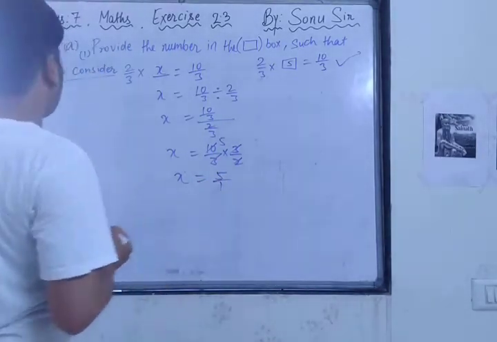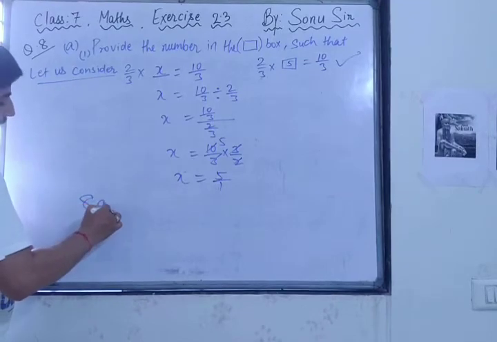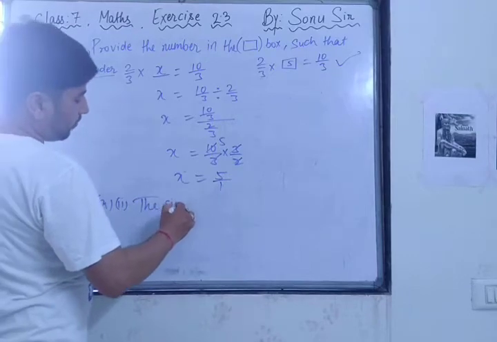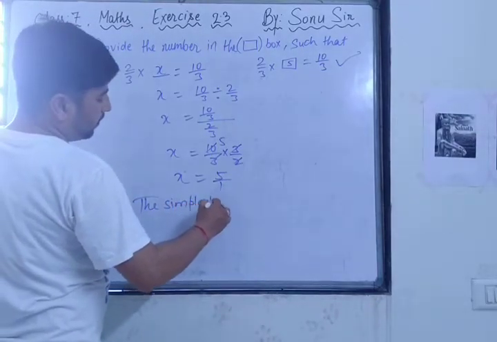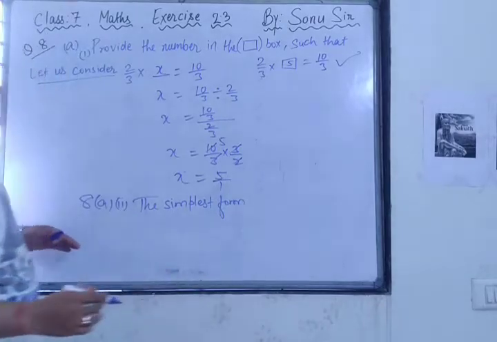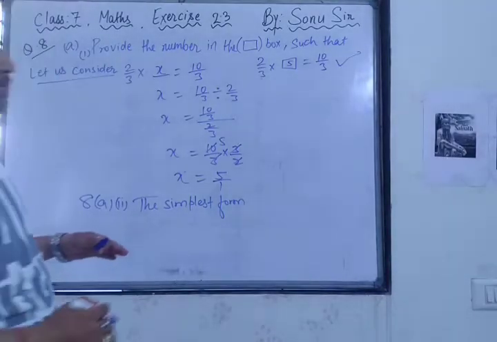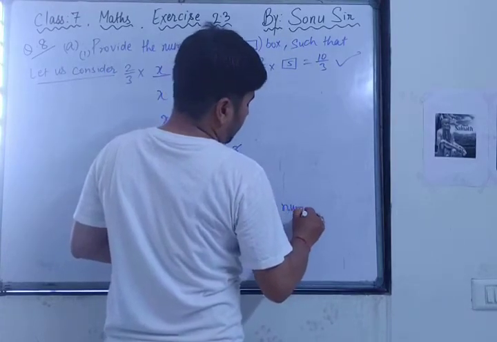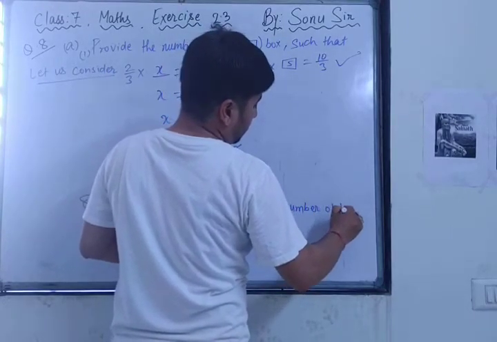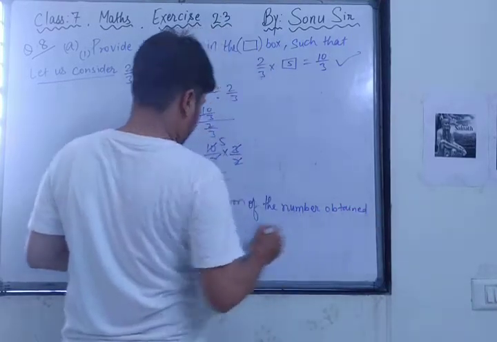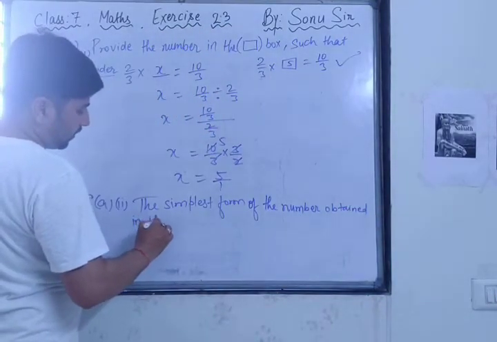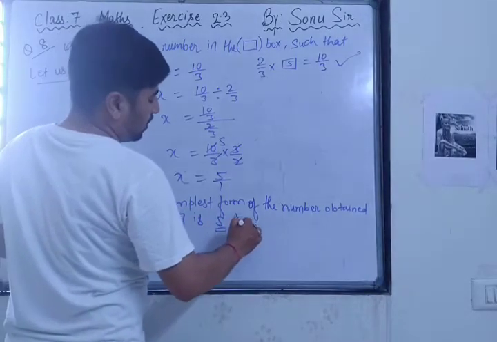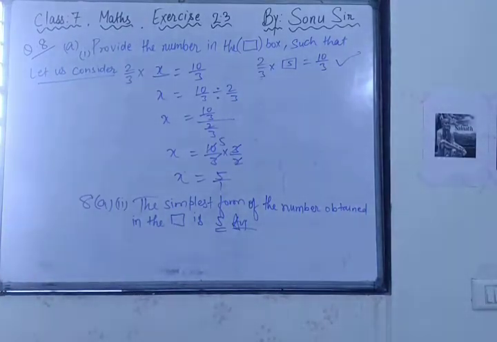The second question, 8A second question: the simplest form of the number obtained in the box is 5. What is the number? It's 5. That is the answer.